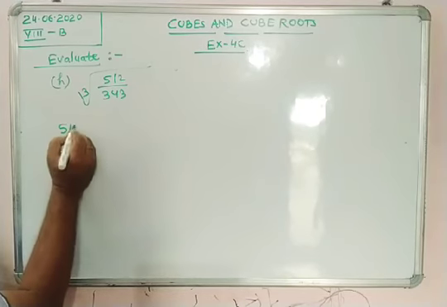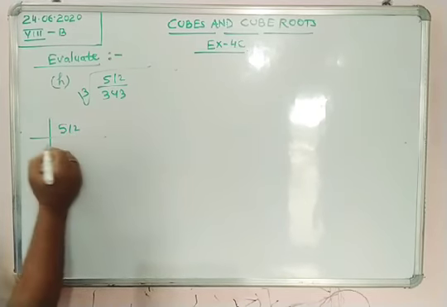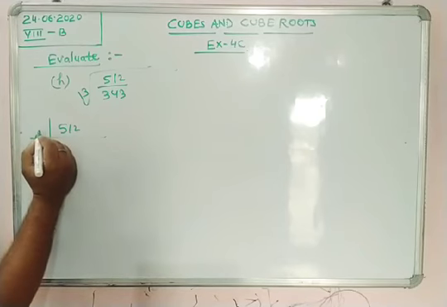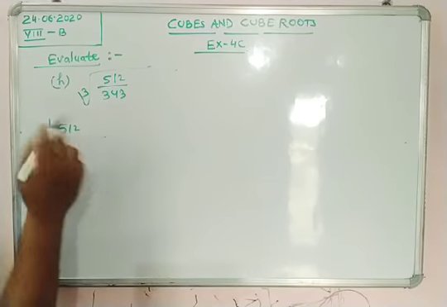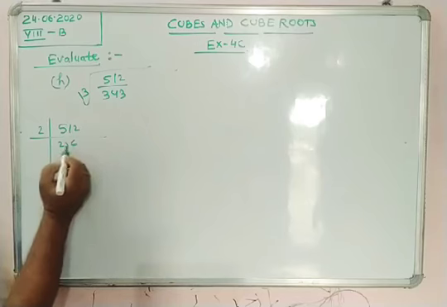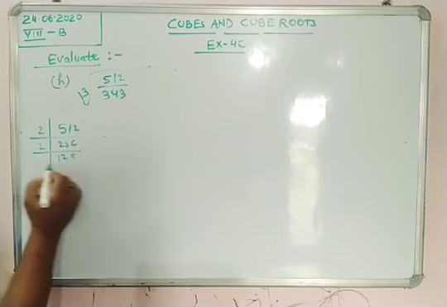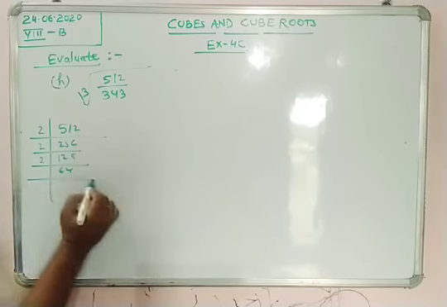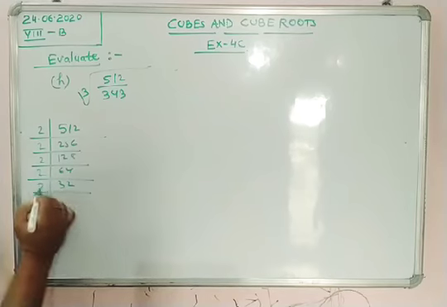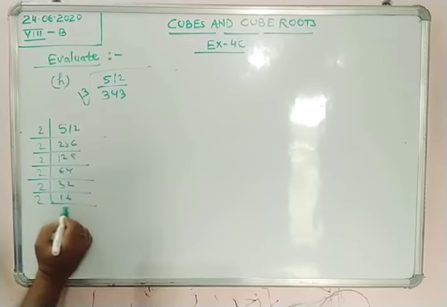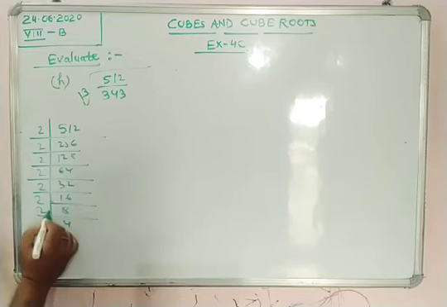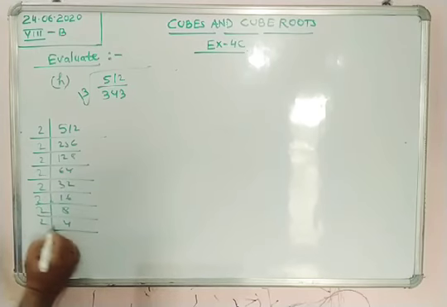So 512: 2 256, 2 128, 2 64, 2 32, 2 16, 2 8, 2 4, and again 2 2s are 4.